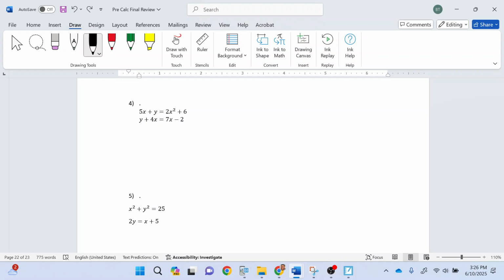Number 4. In this case, we're going to fix our equations so they can be substituted. I'm going to subtract 5x on both sides. So y equals 2x squared minus 5x plus 6. And this one, I'm going to subtract 4x on both sides. y equals 3x minus 2.